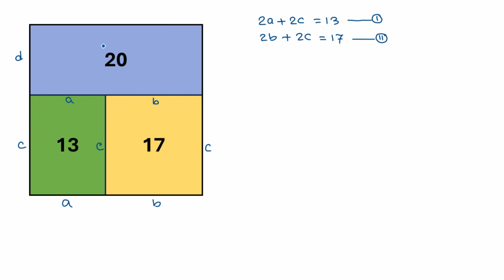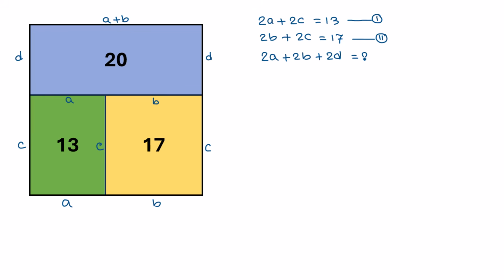Now focus on this rectangle. As this length is A and this length is B, the total length will be A plus B. So this length will also be A plus B. And this is D, so this length is also D. So the perimeter of this rectangle is A plus B plus A plus B, so twice A plus twice B, and D plus D. Twice A plus twice B plus twice D is the perimeter of this rectangle, which is given as 20.